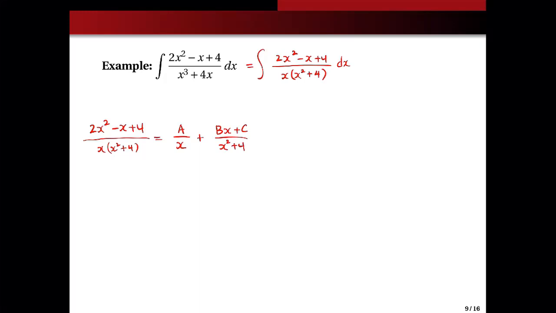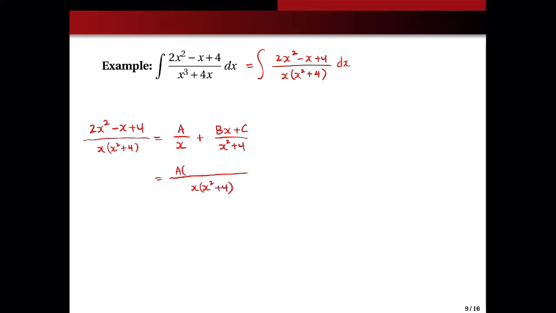Questions? And then the same process. You combine them again into a single rational expression. So x times x squared plus 4.